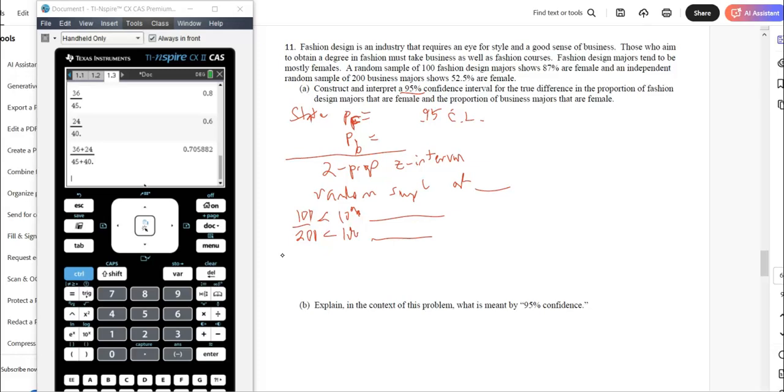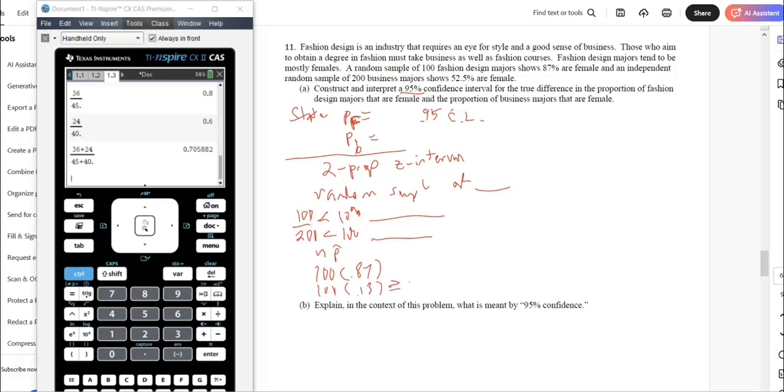Okay, last one is large counts, so n times p hat. In this case, I guess the first one is 100 times 0.87 and 100 times 0.13.